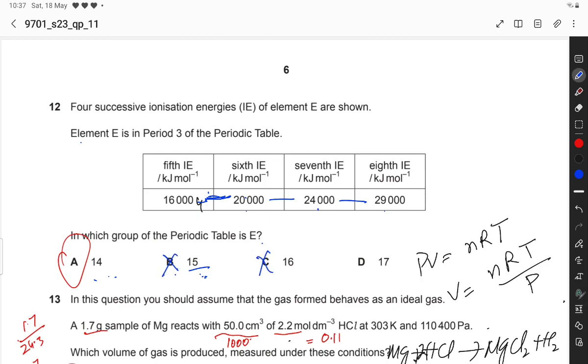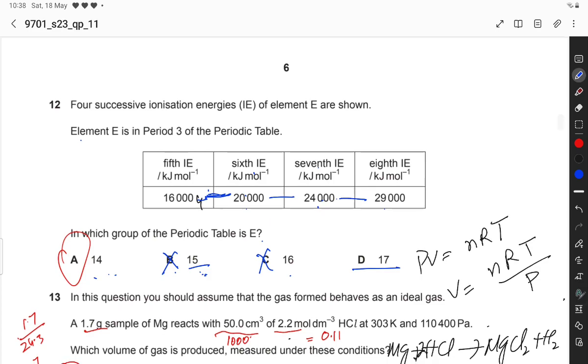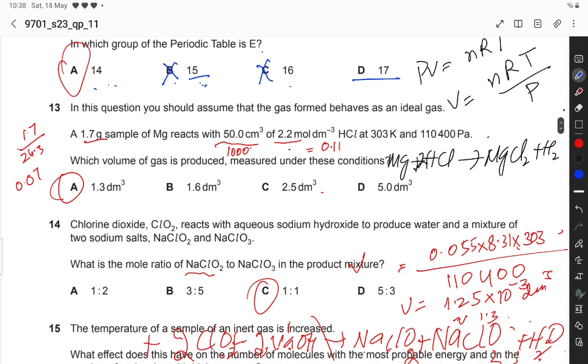It could not be 16, because there is no big jump between 6 and 7, because in group 16 six electrons are present, so that's why it is also incorrect. D is also incorrect because there is also no big jump between 7 and 8 electrons, so that's why 14 is correct.